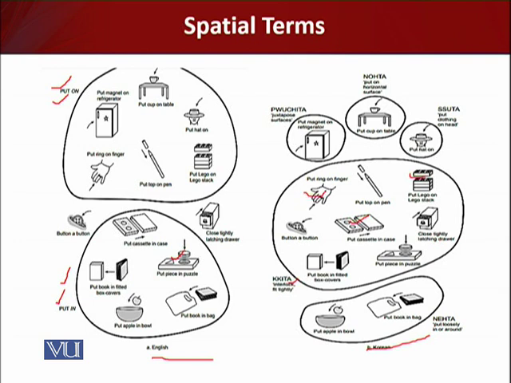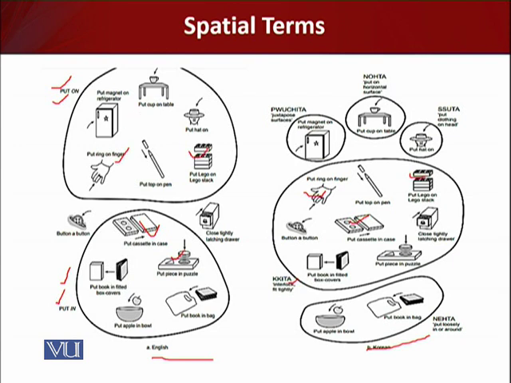Notice that in English, the first two of these would be considered putting in, and the other two putting on. So the first two, the VHS tape and the piece in the puzzle, you use as putting in, and this one would be putting on.